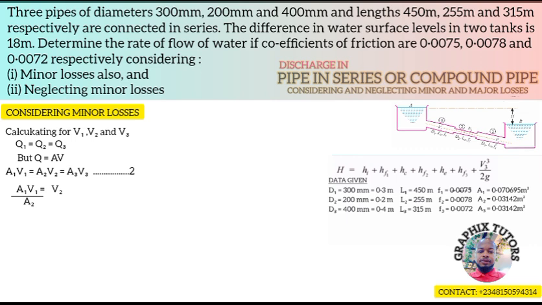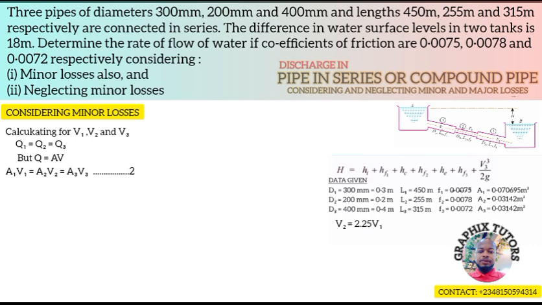We know very well that the area in pipe 1 is 0.070695 multiplied by V1, all over the area in pipe 2, which is given as 0.03142. When you divide 0.070695 by 0.03142, you'll have 2.25 V1.